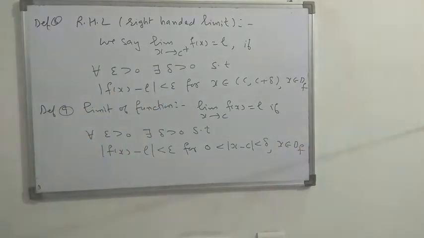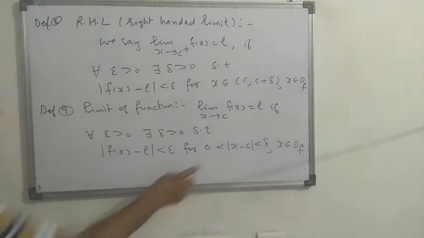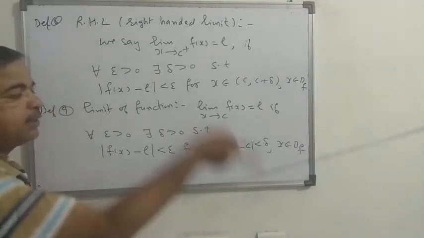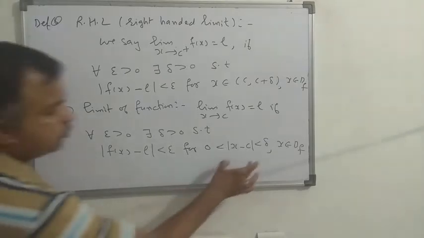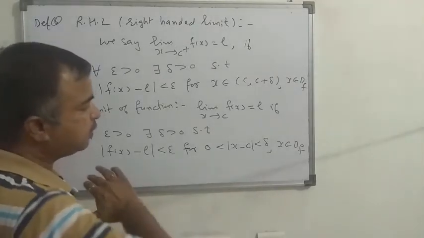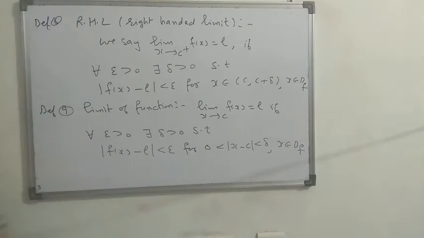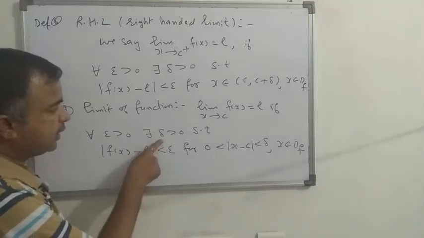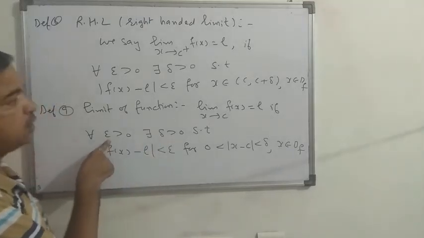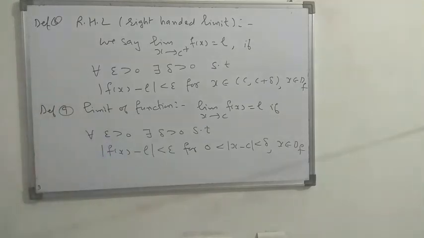That is, now x lies in the delta deleted neighborhood of the point c. In this case, we are considering both the right as well as the left neighborhood of the point c. So while doing the problems, if we are able to find delta in terms of epsilon, then we say the limit of the function exists, otherwise the limit of the function does not exist.